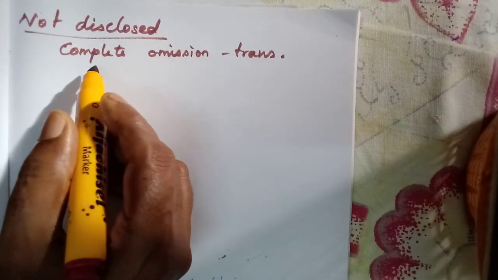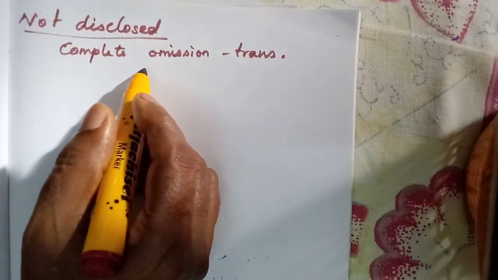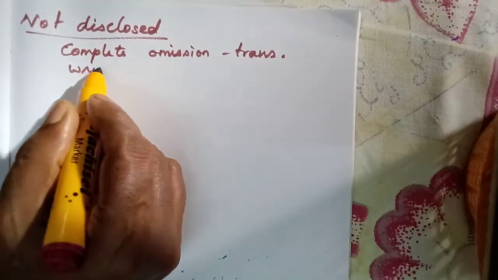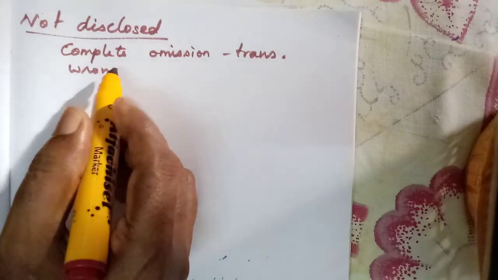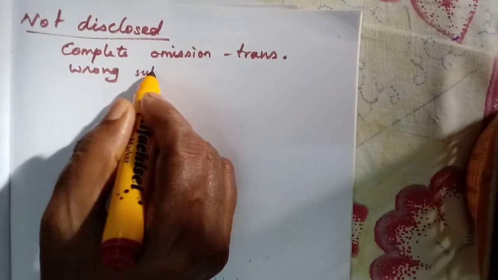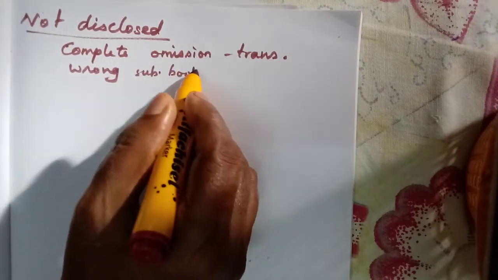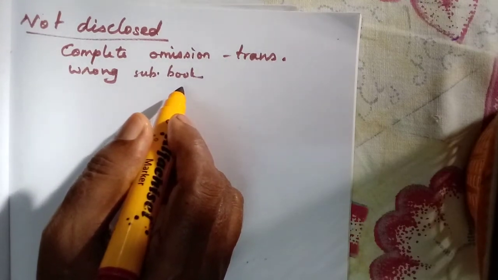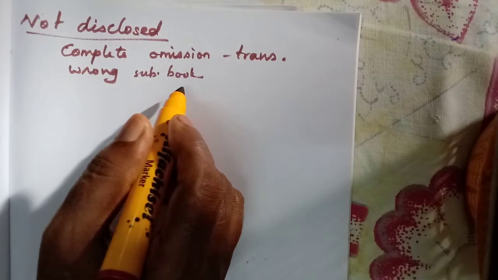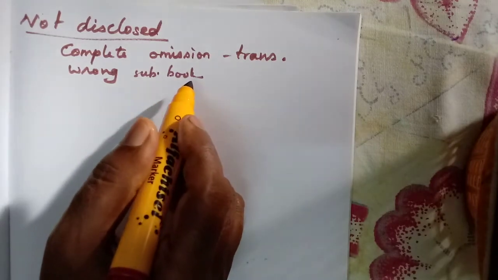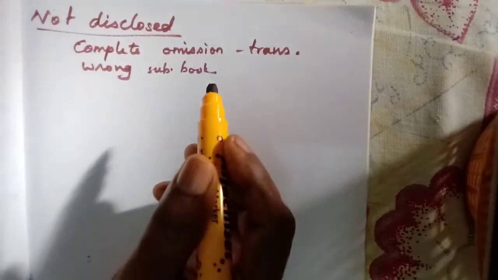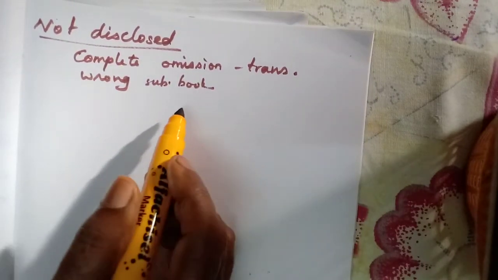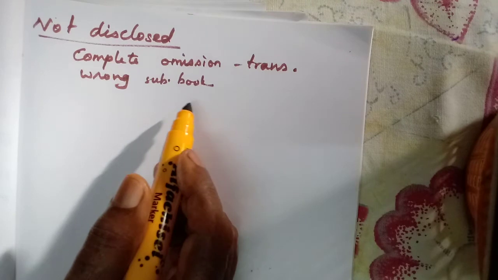Then if we have entered in the wrong subsidiary book also. If from the transaction, instead of purchases, we have entered in the sales book, it will not be shown. Okay, we cannot rectify that, the trial balance will get tally.